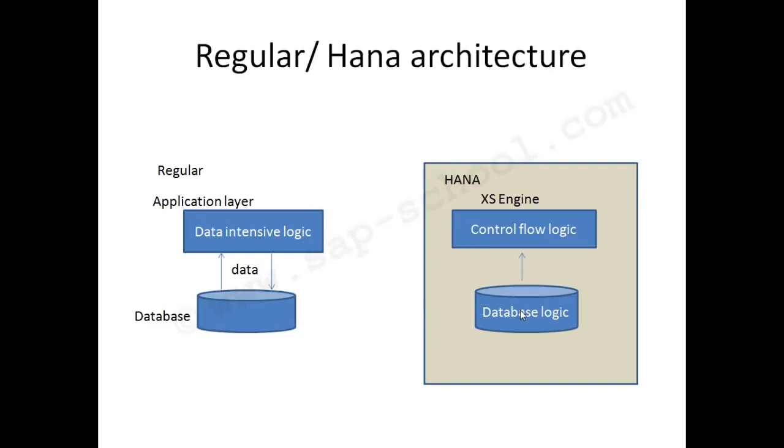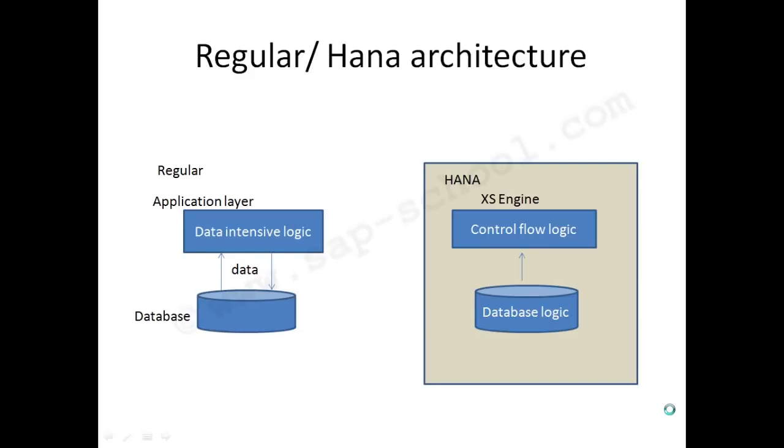What I really mean is that the application server in HANA knows the HANA database and the data types so well that it communicates better than if you have a regular database and have to put an application layer on top of it. So that's the main advantage of HANA, because it communicates better. The application server of HANA, which is the XS application server, communicates better with the database.